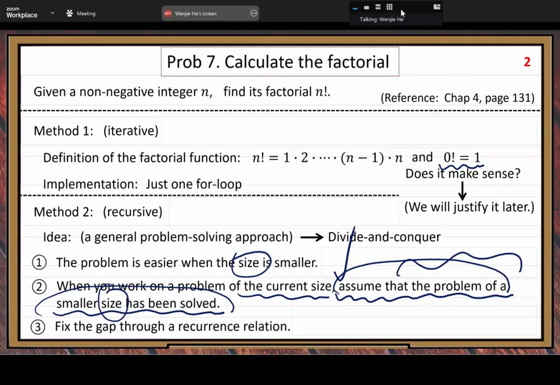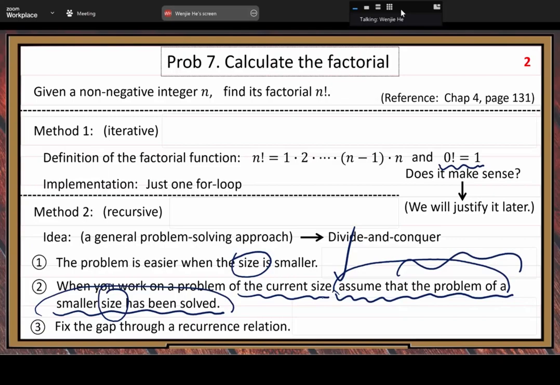There is a gap between these two solutions. Moving from the smaller problem size solution to a slightly larger problem size solution, there is a gap. So in step 3, you need to fix the gap through a recurrence relation. You need to develop a recurrence relation to connect the solutions of these two problem sizes.